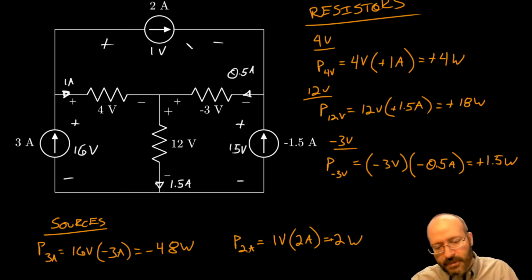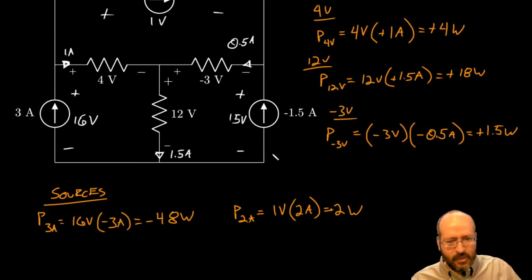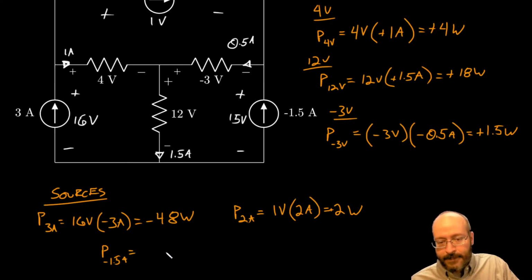Okay, let's do one more. I think we still have more power to burn here. So hopefully we're going to find it when we consider what's going on with the negative 1.5 amp supply. And we take the 15 volts at face value. Oh, this one gets super crazy. The positive current direction is going down, so we get a negative sign from the fact that the current's going up, but then we also get another negative sign. Oh boy, just to make it super confusing.